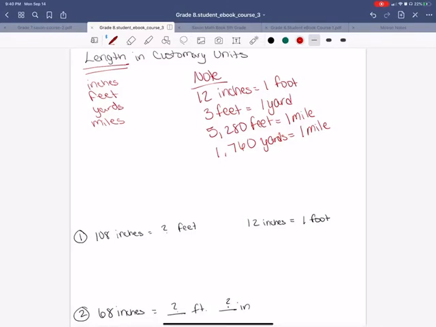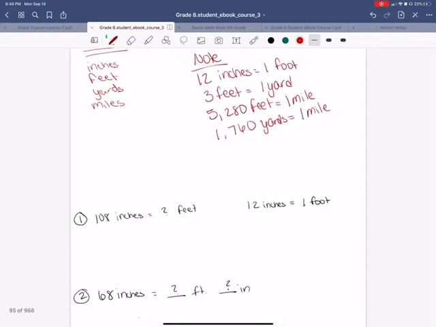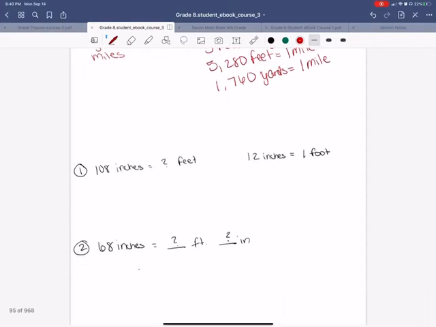In number one, it says 108 inches equals how many feet? Remember, 12 inches equal 1 foot. The objective of converting from inches to feet is called canceling out. That's how I like to call it.